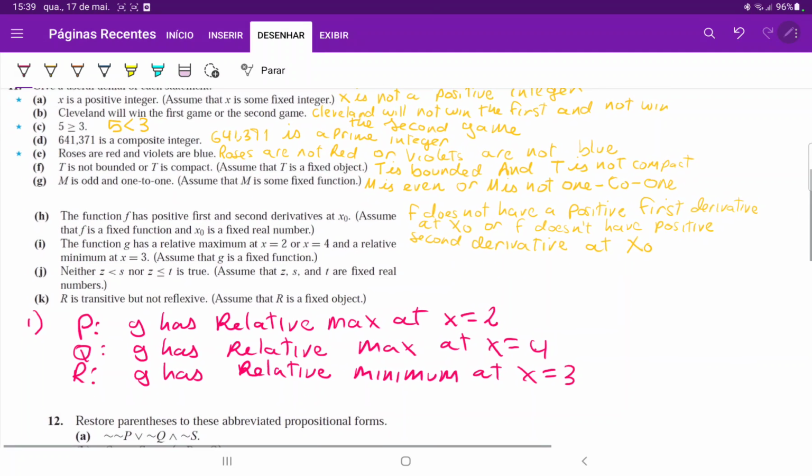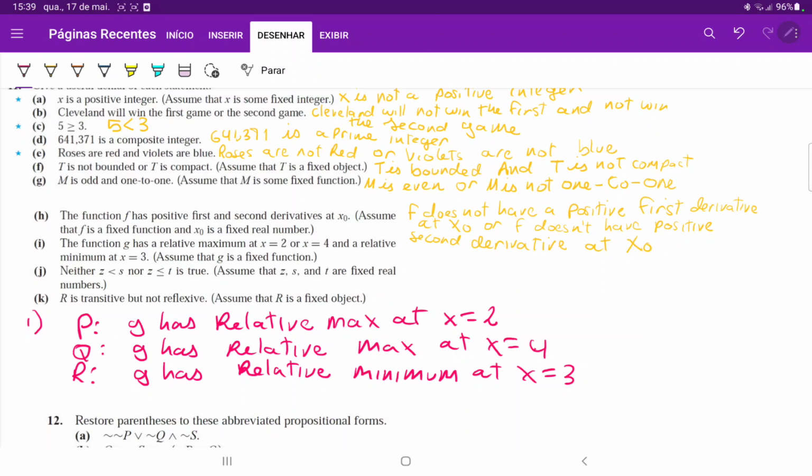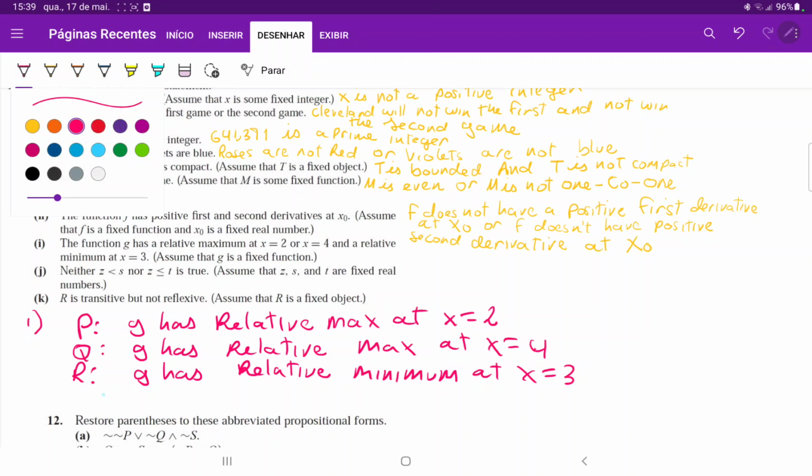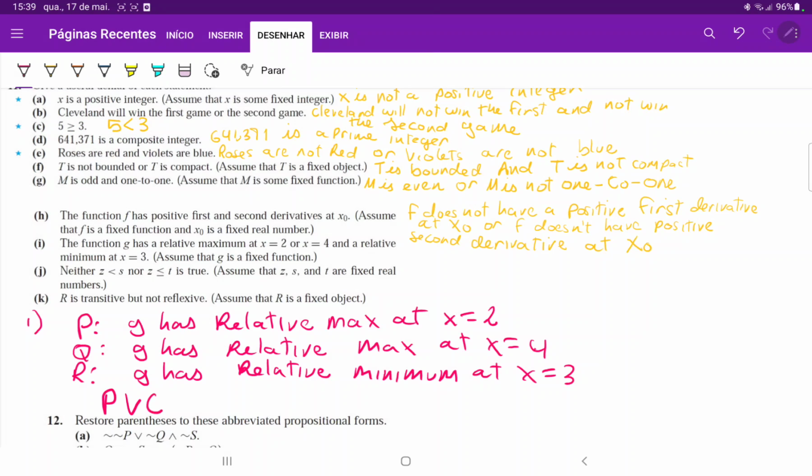Okay, so what's our propositional form? Well, we have P or Q and R. So our propositional form is P or Q and R. Now let's think about how we are going to deny this.